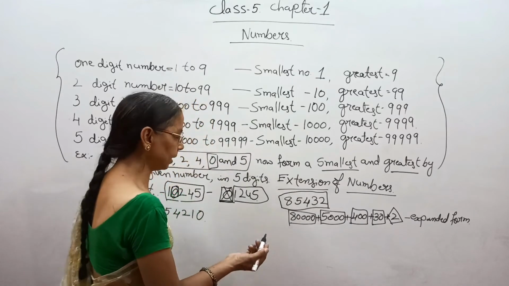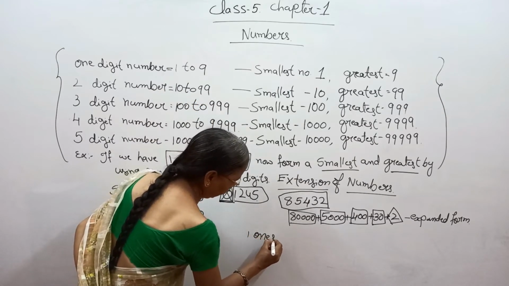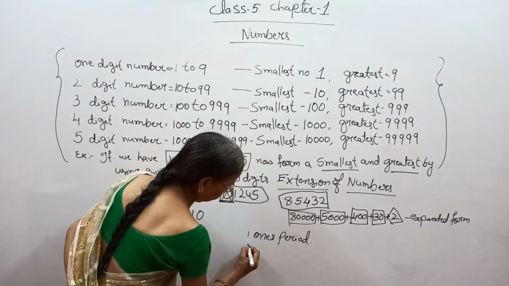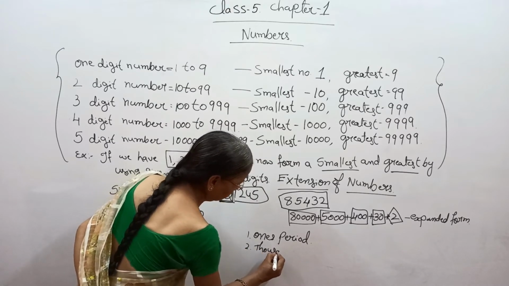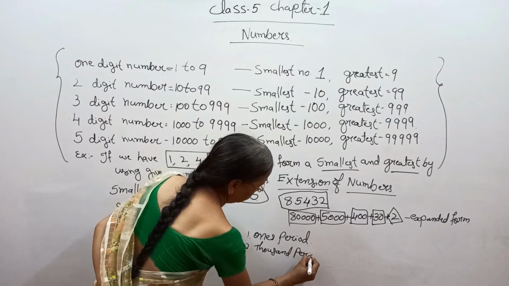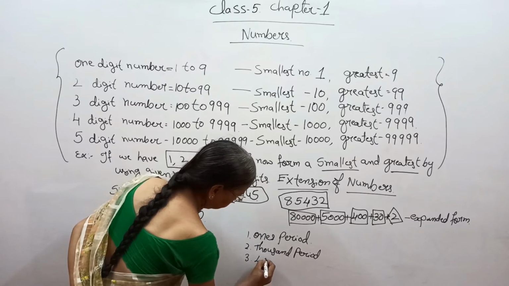The first period is ones period, second is thousands period, and third is lakh.